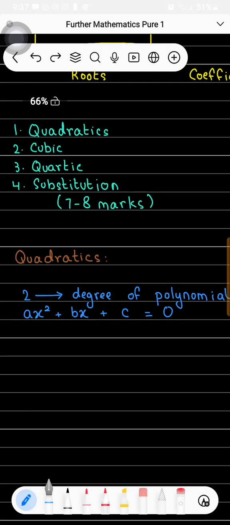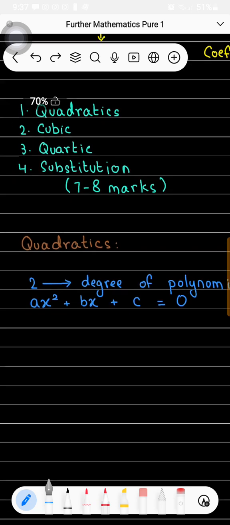Okay, so the formulas are very important in this chapter. So let's start here.